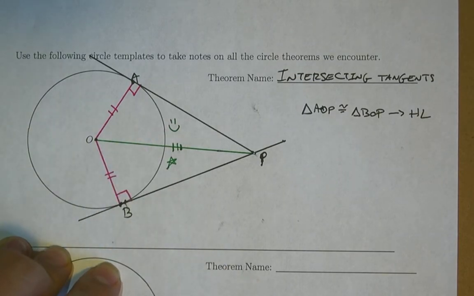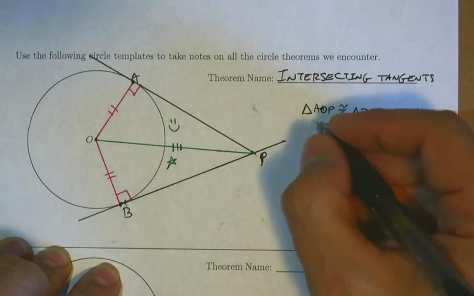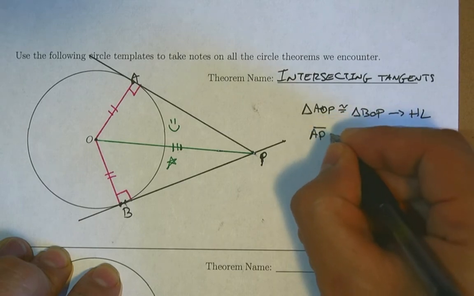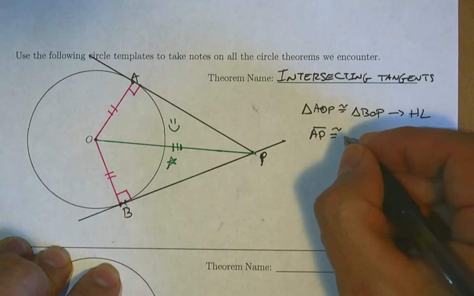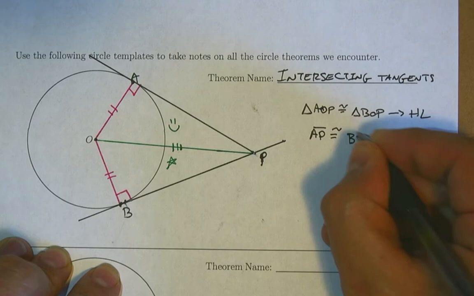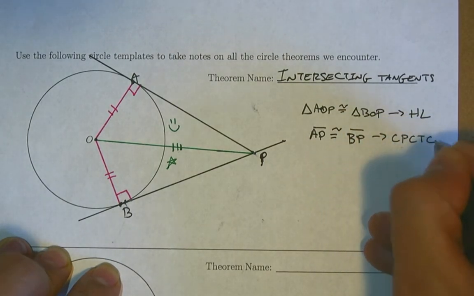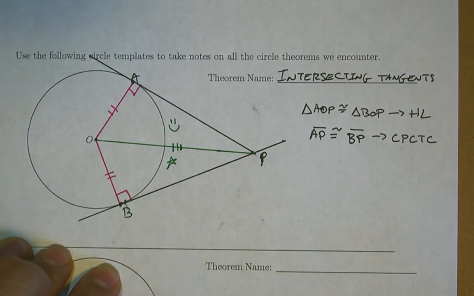So we have hypotenuse leg, and that means the remaining corresponding parts are congruent by CPCTC. And that's what we wanted to show. We are all done here with our proof.